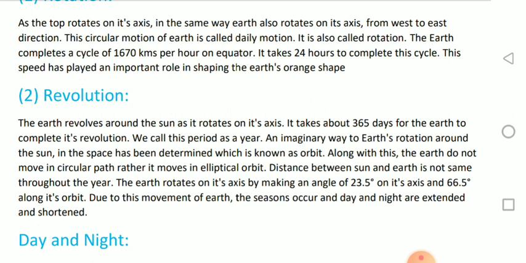So how many degrees on axis? 23.5 degree, and along the orbit? 66.5 degree. Due to this movement of the earth, the seasons occur and day and night are extended and shortened. So why do seasons and day and night occur? Just because of the revolution of the earth.